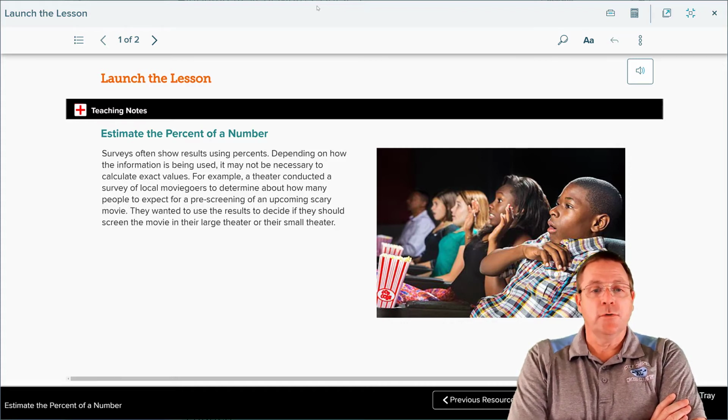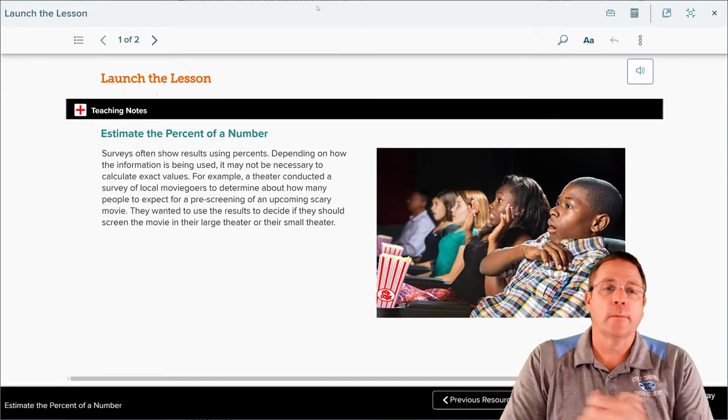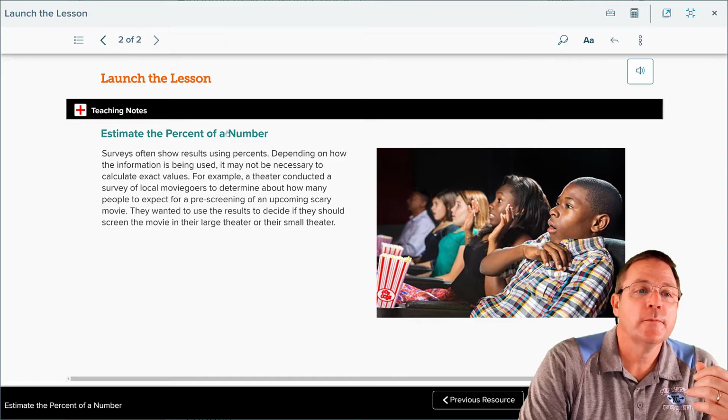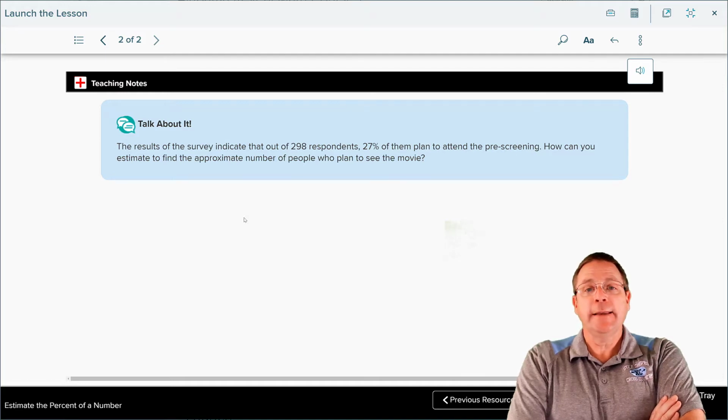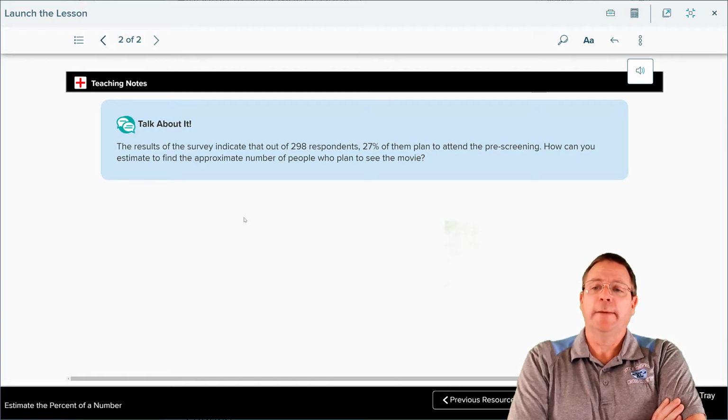They wanted to use the results to decide if they should screen the movie in their large theater or their small theater. The results of the survey indicated that out of 298 respondents, 27% of them planned to attend the pre-screening. How can you estimate to find the approximate number of people who will plan to see the movie?